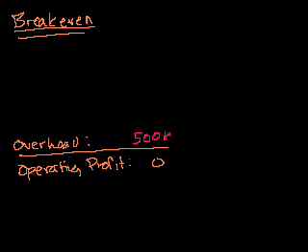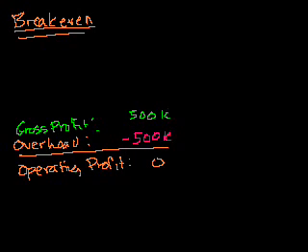I'll write it as a negative number because we're going to subtract it from the gross profit. So what does the gross profit have to be? In order for this to come out to be zero, the gross profit has to be $500,000.